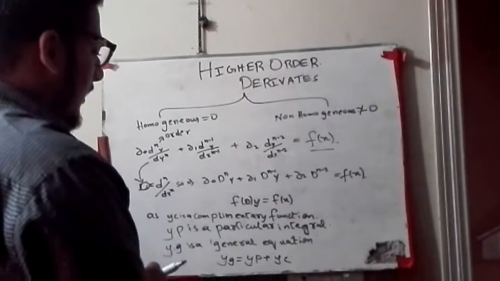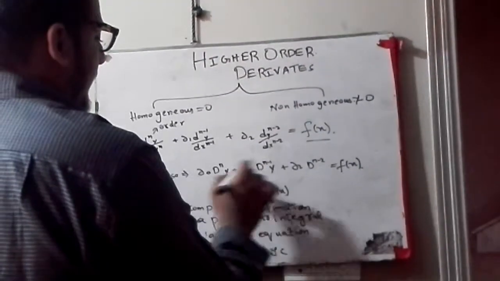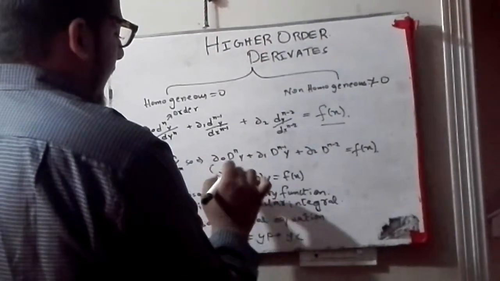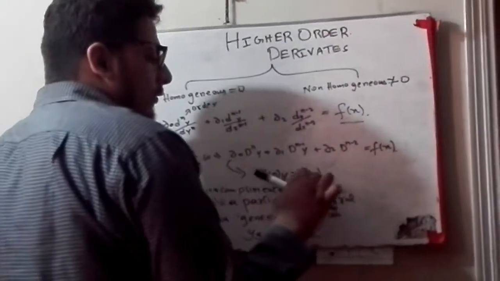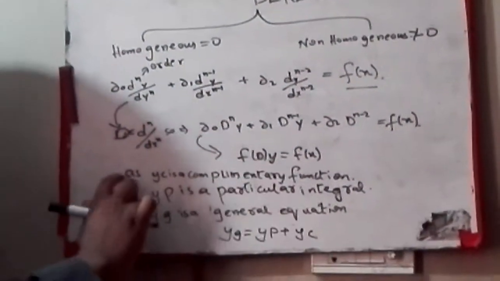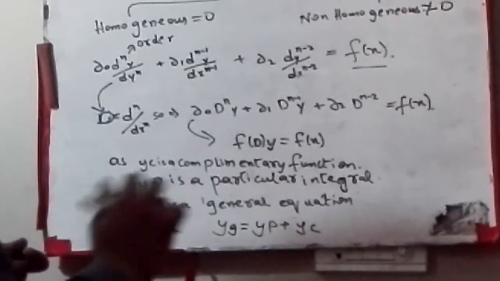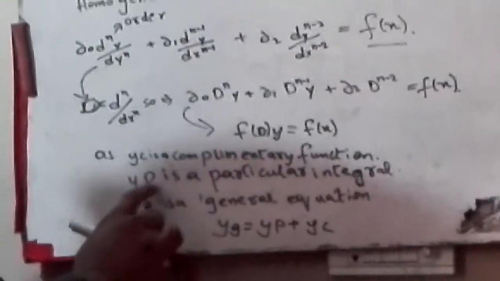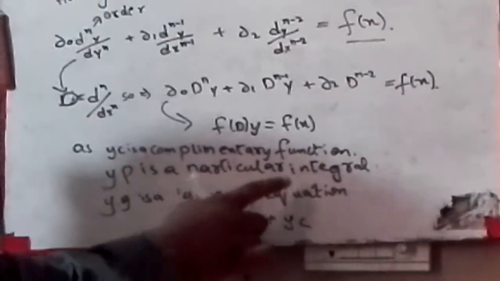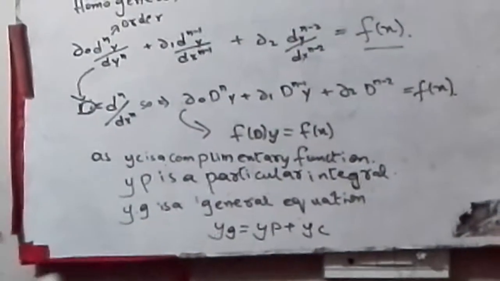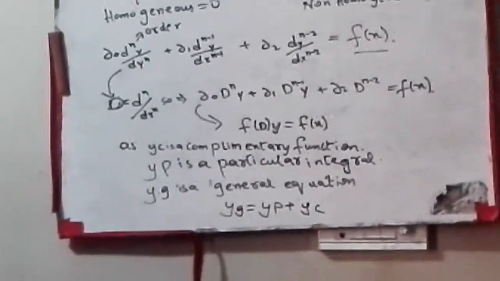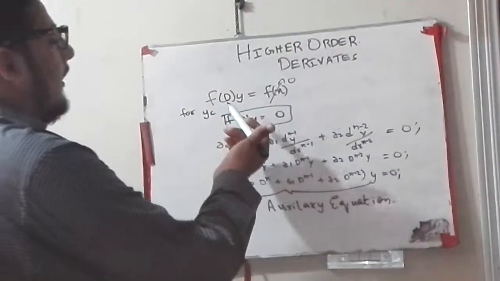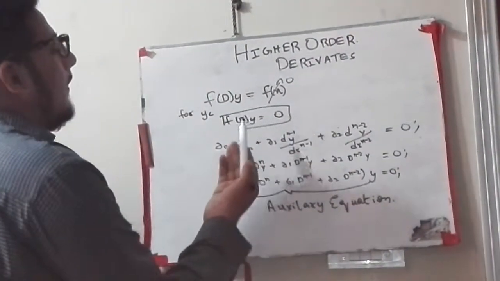Now this will be converted into a function of D multiplied by y is equal to fx. As yc is a complementary function, yp is a particular integral, and yg is a general equation. So yg is equal to yp plus yc.